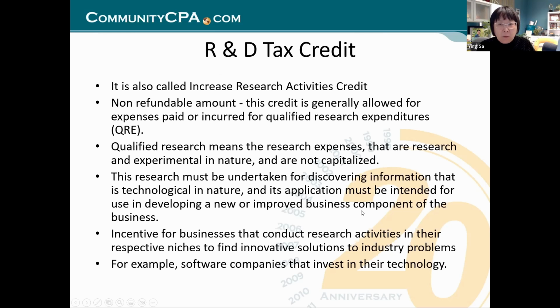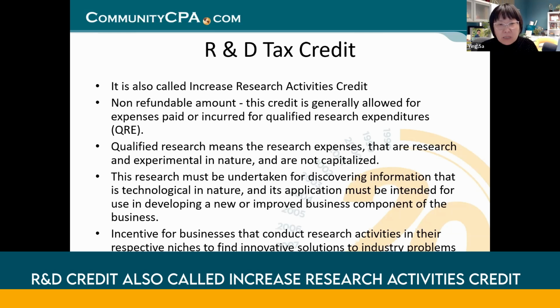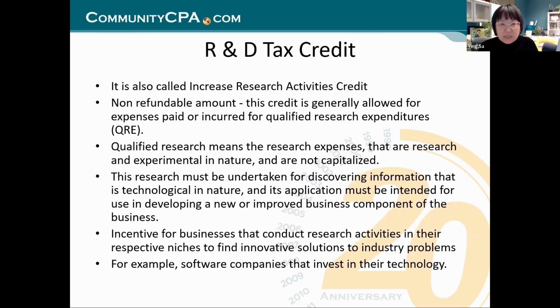All right, so this is also called the Increased Research Activity Credit. I'll just call it R&D because it is easy, okay? If you have qualified research expenses, including materials and payroll related to research personnel, and also other expenses related to research activities, the tax credit can be calculated out of these expenses.